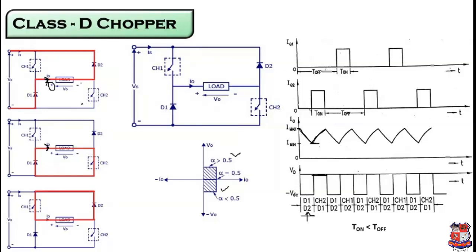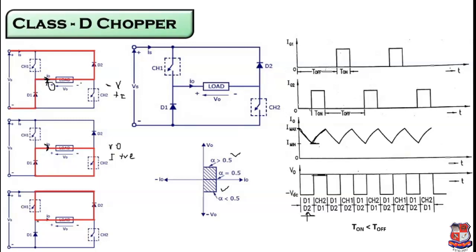It is a mode where you get minus V and plus I. Here V is 0 and I is still positive, and with CH1 and D2 you again get V as 0 and I positive. So you can switch between these two.